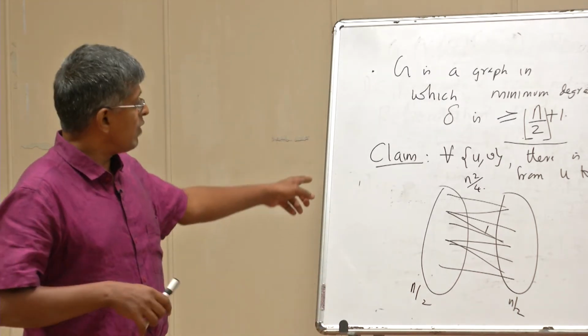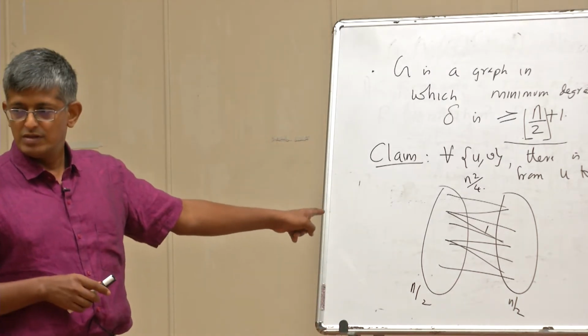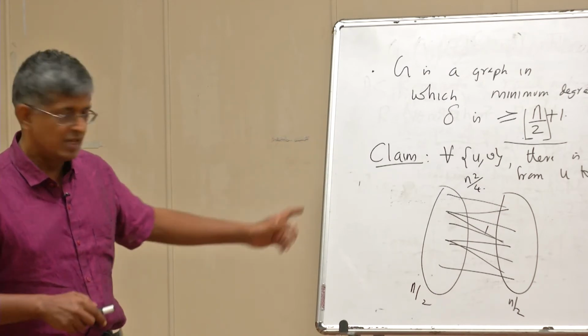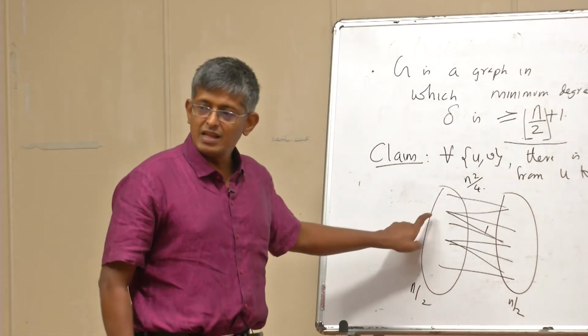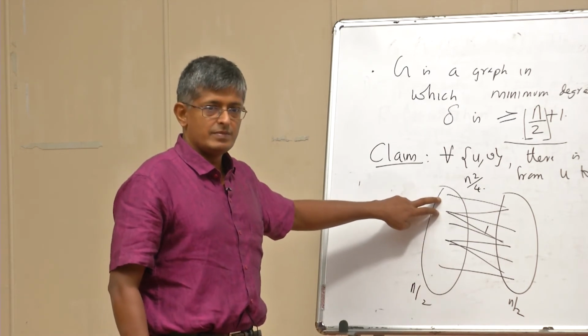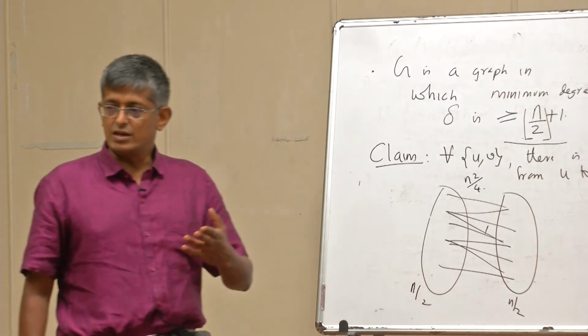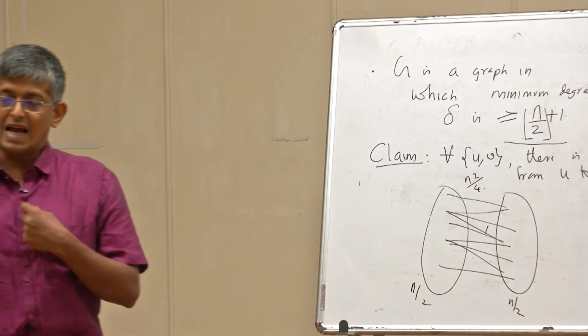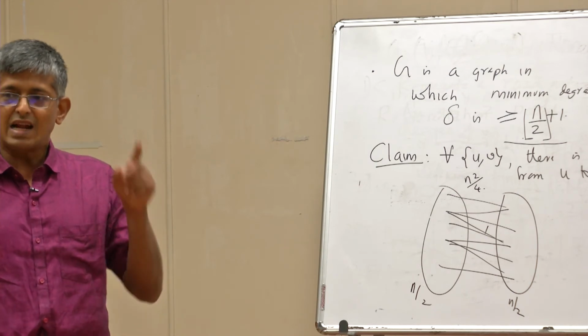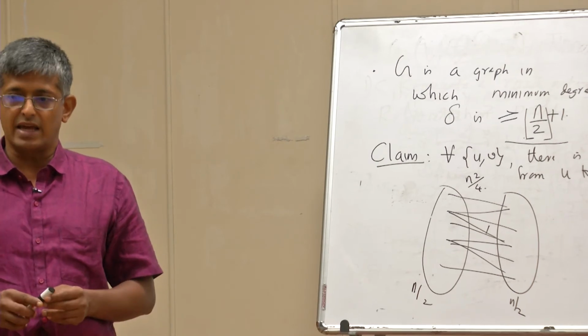I put more than half of NC2, that is n square by 4, and you can see that there is no triangle, because there is no edge between left and left. So there is obviously no triangle, but the graph has as many edges as possible, n square by 4. To this graph, you add one more edge, you will always create a triangle.